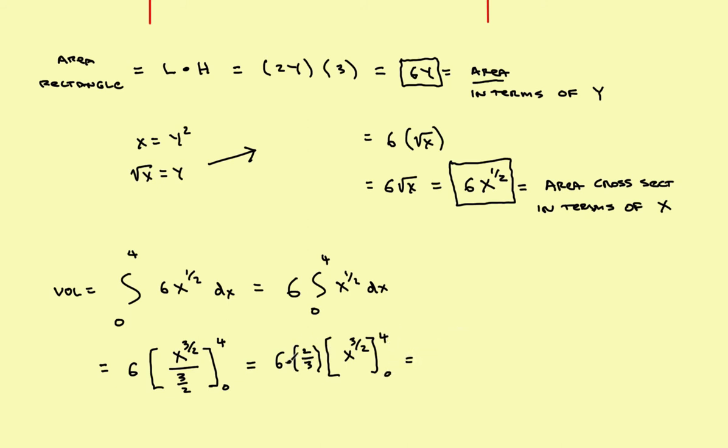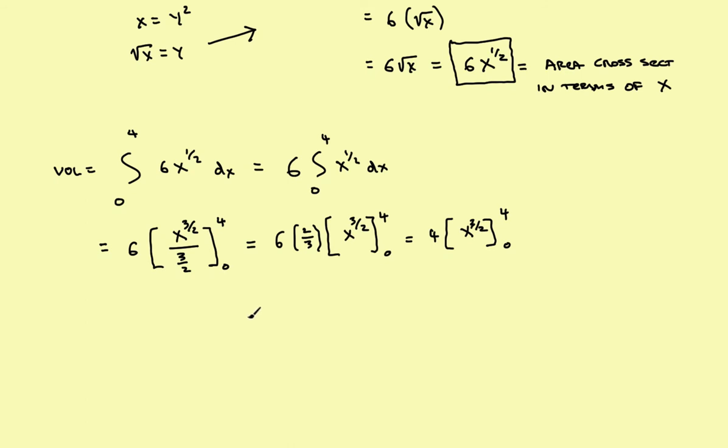So if you did this, 6 times 2 is 12, divided by 3 would be 4. So you'll have 4 times x to the 3/2 from 0 to 4. And just plugging this one in, this would be 4, then you'll evaluate it from 4 to the 3/2 minus 0 to the 3/2.